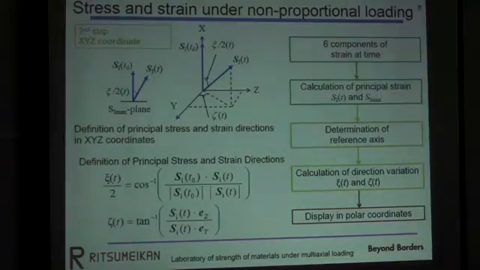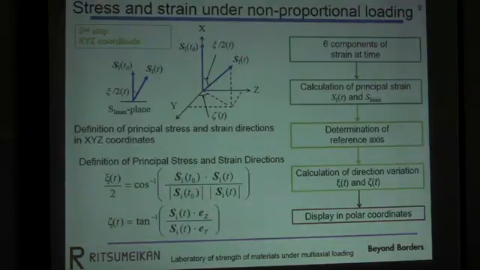Second, we must evaluate the direction of principal stress and strain at each time. In this coordinate, the x is what I call the reference axis. The S_I max direction is set in this direction here, and at each time the stress vector changes and moves like this.